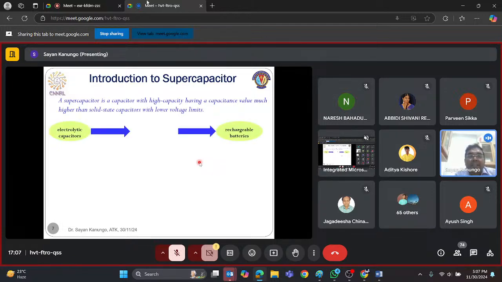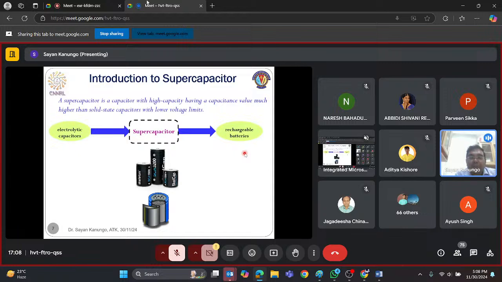Now this supercapacitor basically bridges the gap between the electrolytic capacitor and rechargeable batteries, showing some distinct properties, namely high power density, faster charging and discharging, wide temperature range operation, and the absence of memory effect.